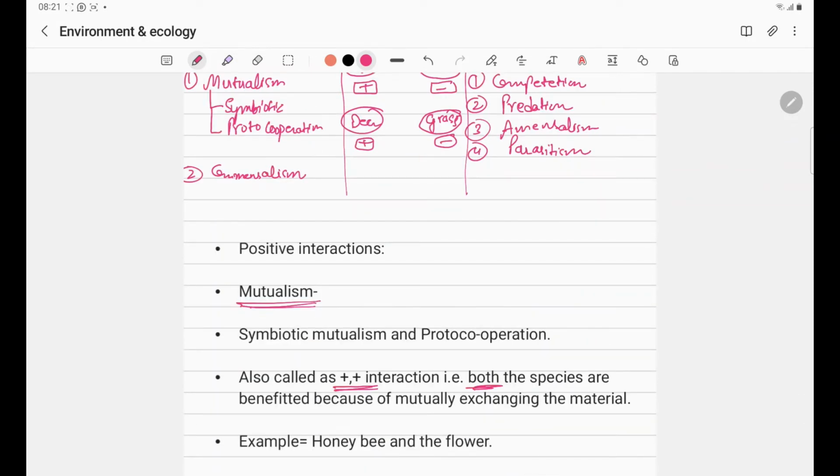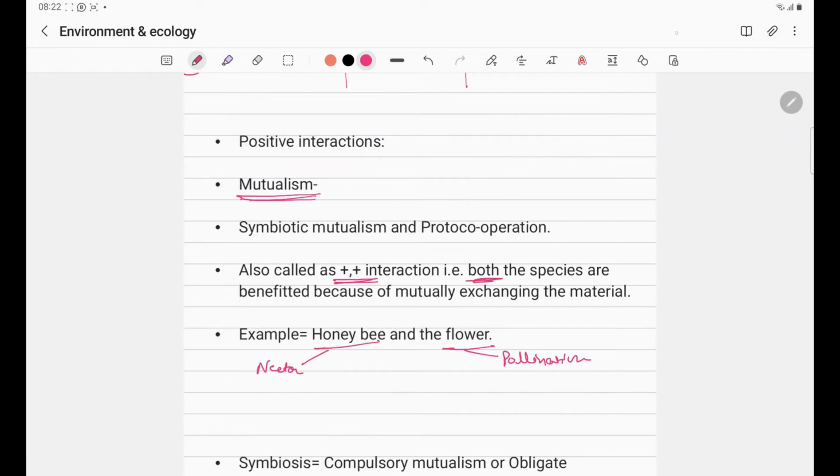For example, take honeybee and flower interaction. Honeybee is getting nectar out of the flower, and the flower is getting the benefit of pollination due to honeybee. Pollination is the dispersal of seeds of a plant to new areas.